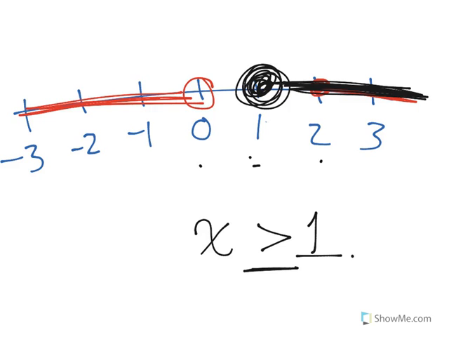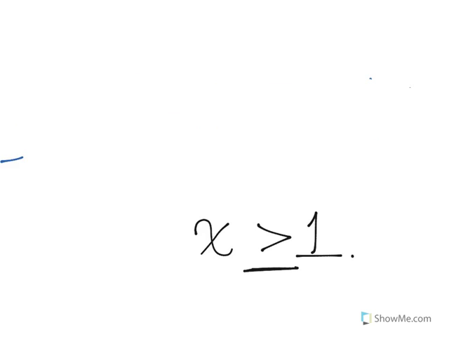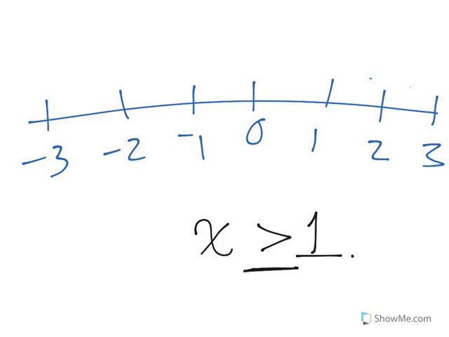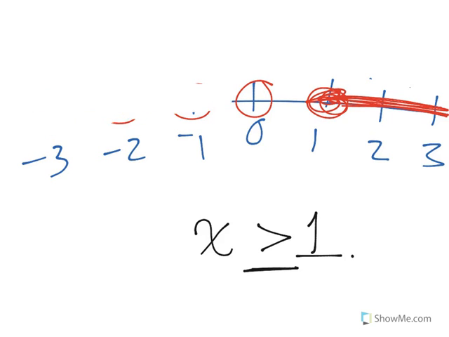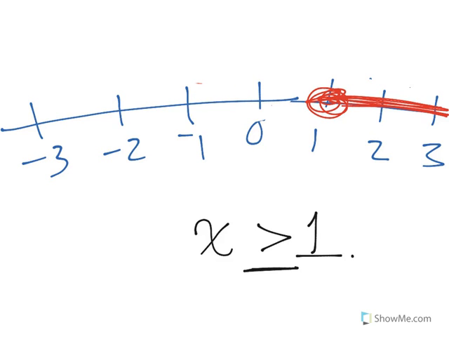However, since you cannot have an open circle everywhere, when you have x is greater than or equal to 1, do not think that since x cannot be 0, -1, -2, or any of those, that you must put the empty circles. No, that's not needed. Just leaving it blank shows that x cannot be any of those values.